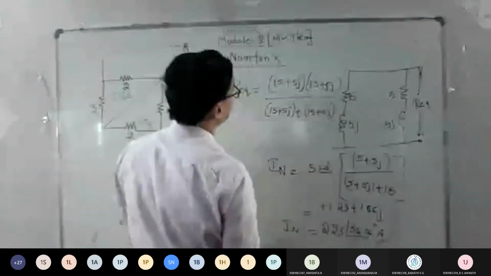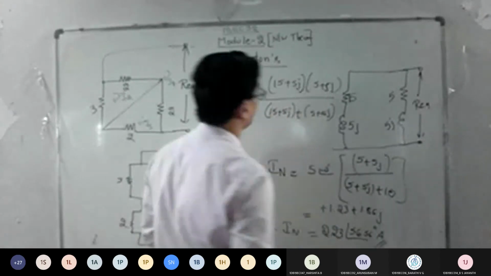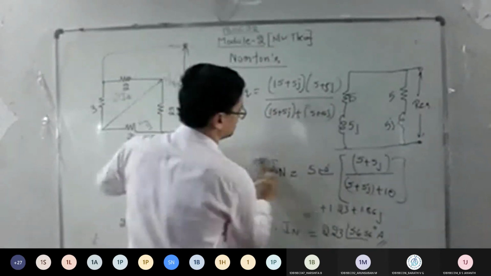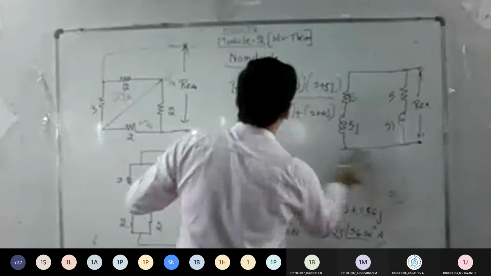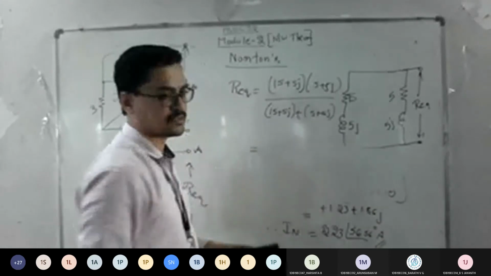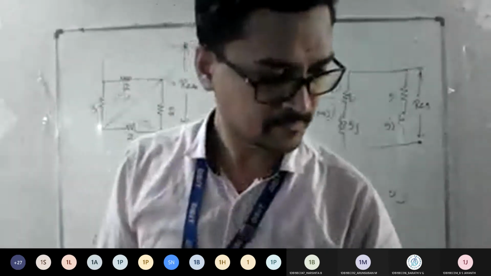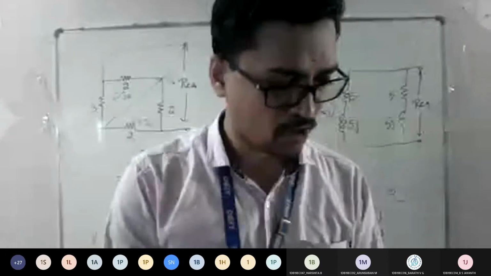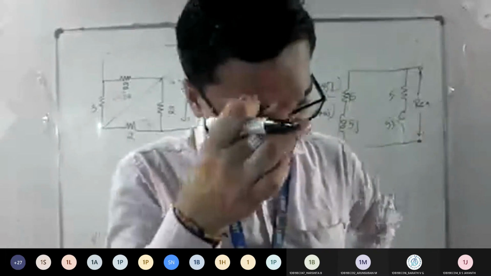So one is 5, I think, no? Check out what is the answer, R equivalent. Keep the things in complex mode and get me the answer.